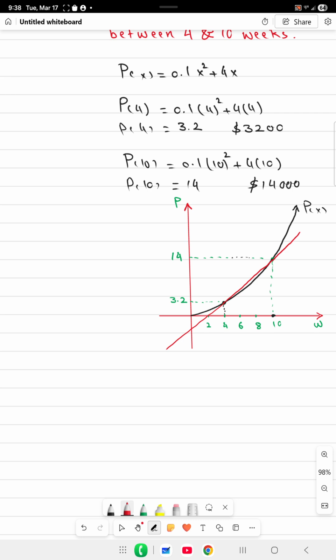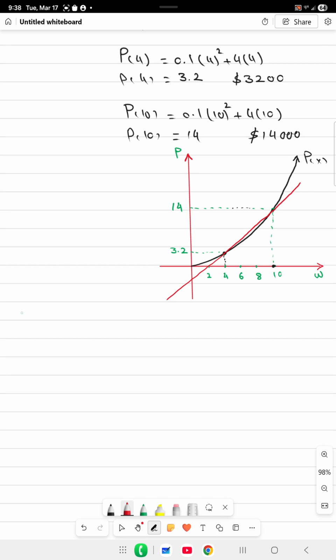It means the average rate of change between 4 weeks and 10 weeks will be 14, which is P of 10, minus P of 4, over 10 minus 4.